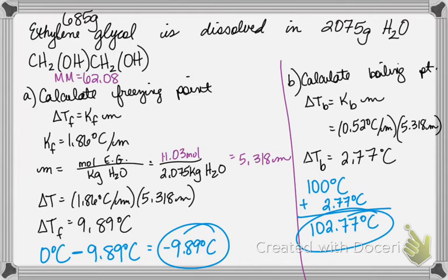The final colligative property that we want to talk about is osmotic pressure. And osmotic pressure is the pressure required to stop osmosis. Okay? We've heard about osmosis. What is osmosis?